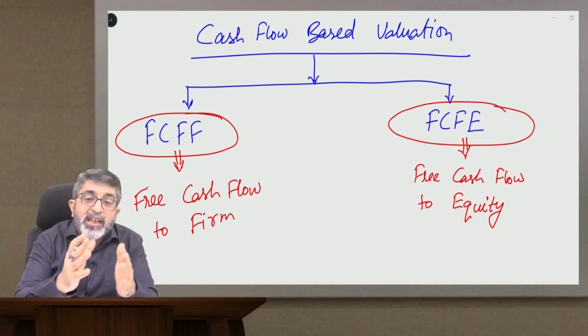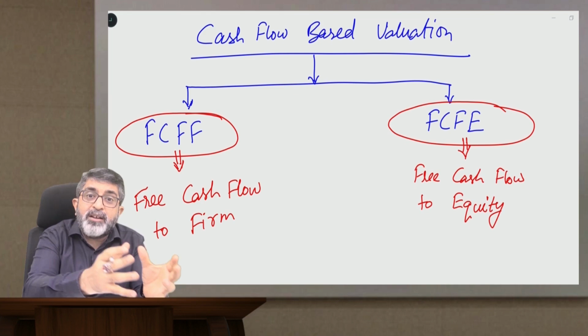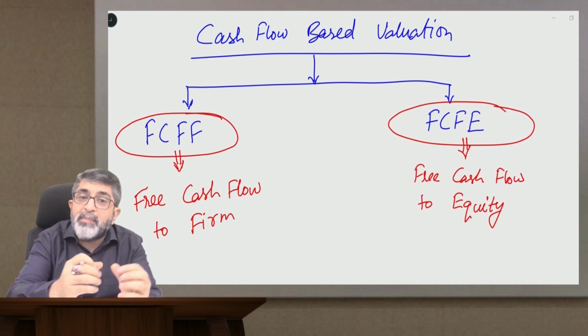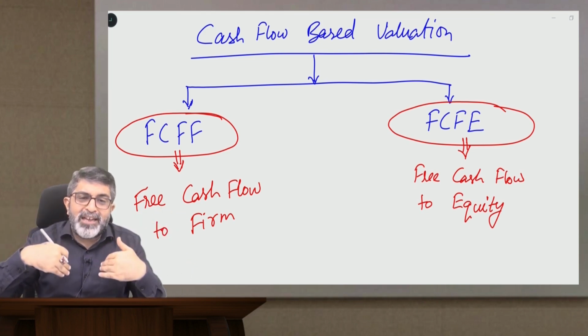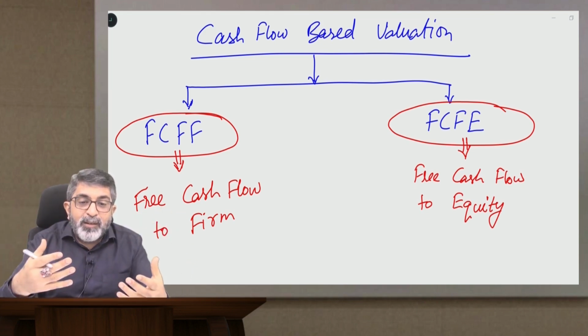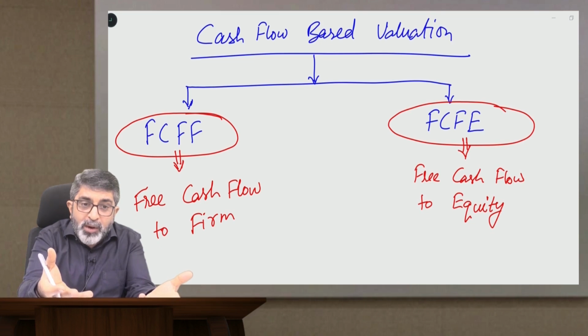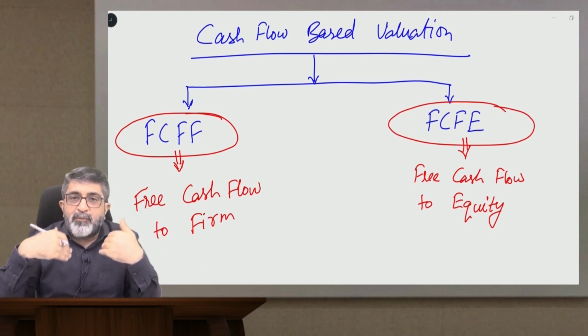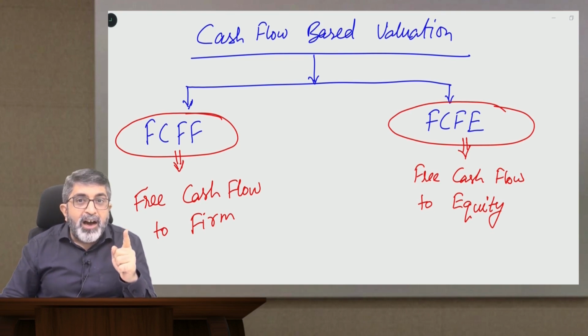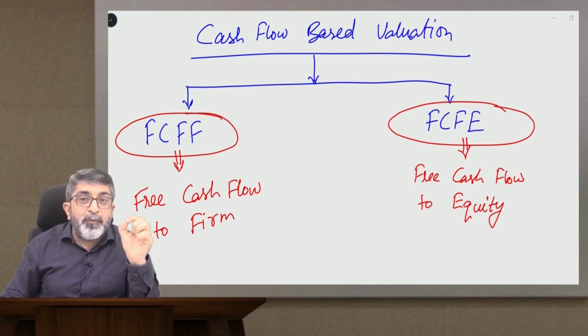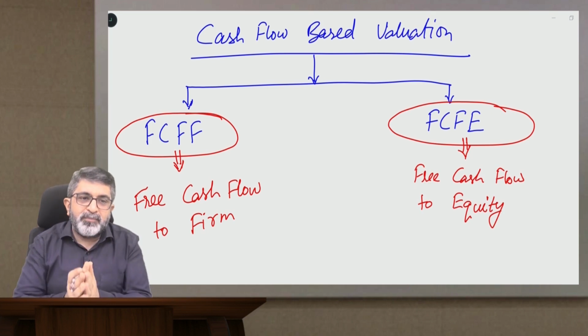If that entity has already borrowed money from banks and financial institutions, those borrowings also I will take over. Everything that belongs over there will now belong to me, whether it is an asset or a liability. In that case, I am concerned with the free cash flow to the firm.